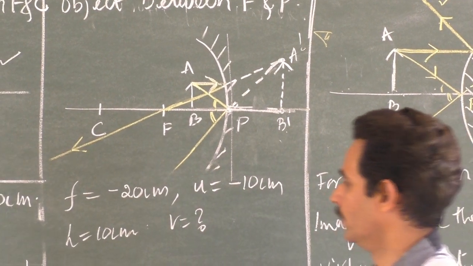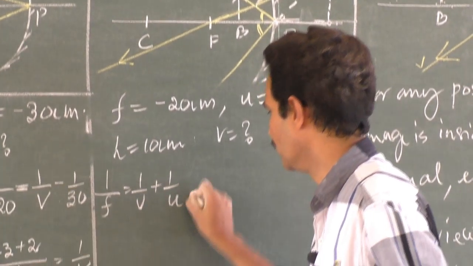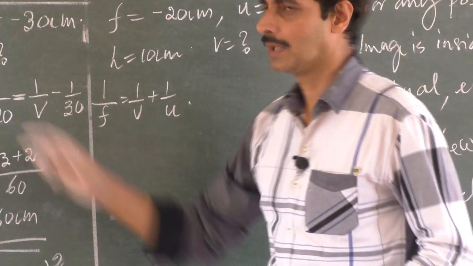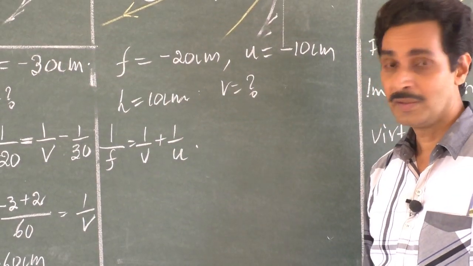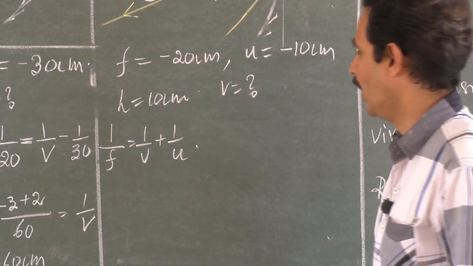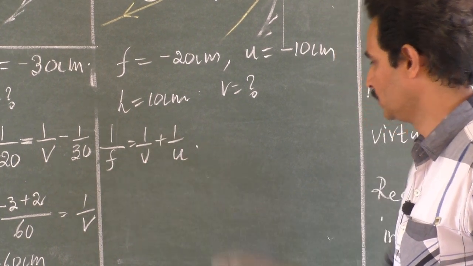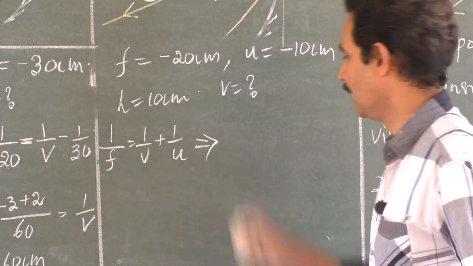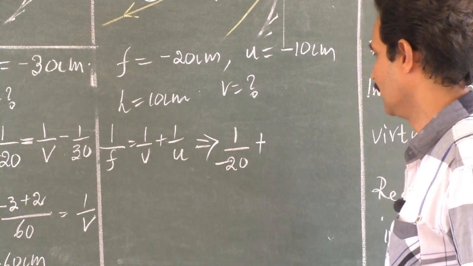Okay, we will move. 1 by f equal to 1 by v plus 1 by u. Sir, why are you writing the formula again and again? Because I want you to write the formula again and again so that you will be acquainted with the formula perfectly when you write it many times. Okay. 1 by f equal to 1 by v plus 1 by u implies 1 by minus 20 plus 1 by u.